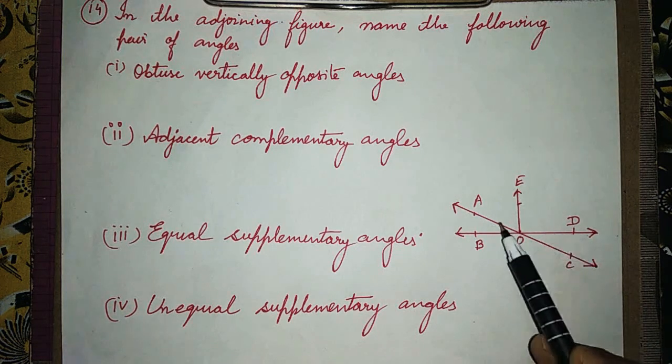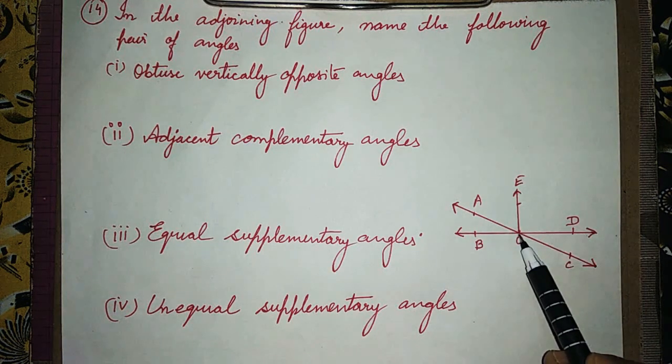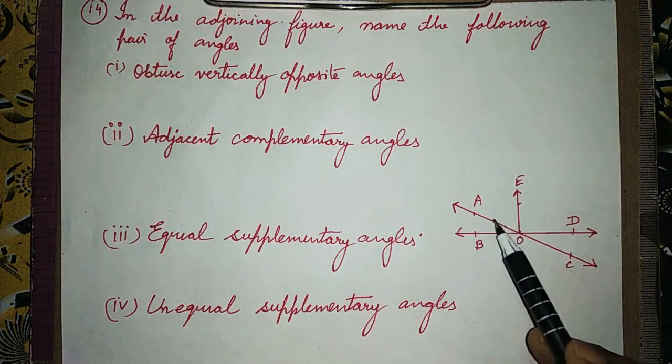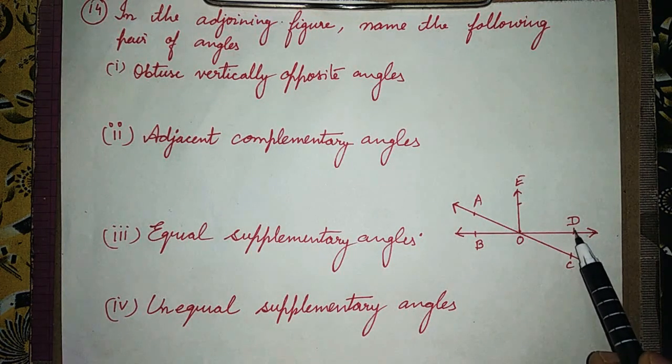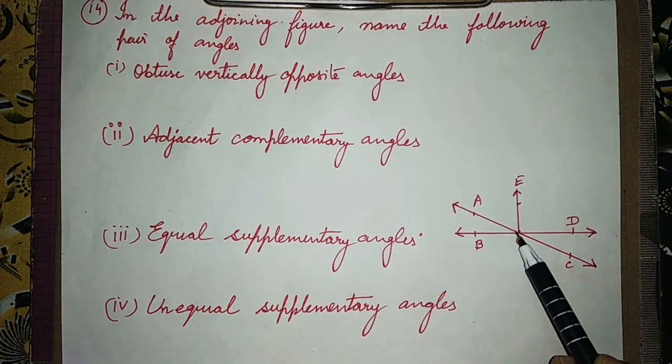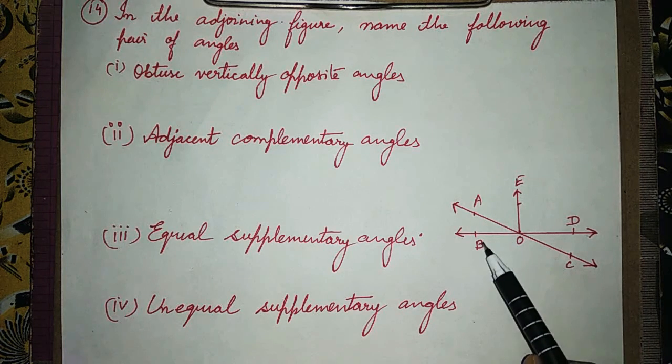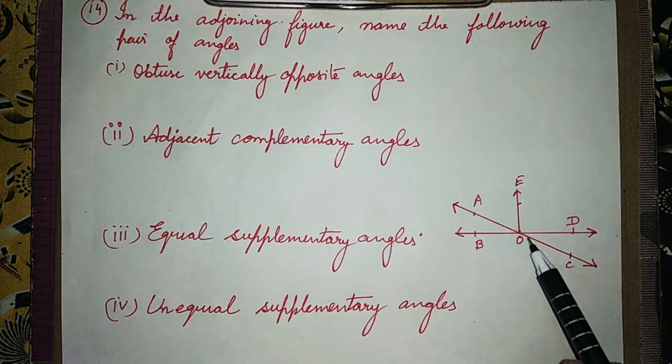They both are intersecting each other at the point O and they are forming vertically opposite angles also. Here angle AOD and angle BOC. They are vertically opposite angles and they are obtuse also.